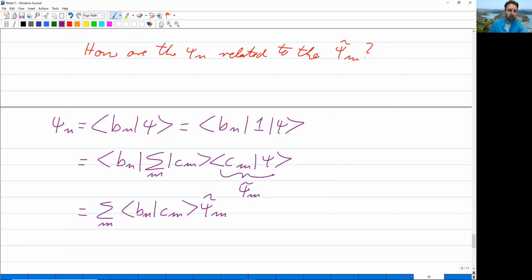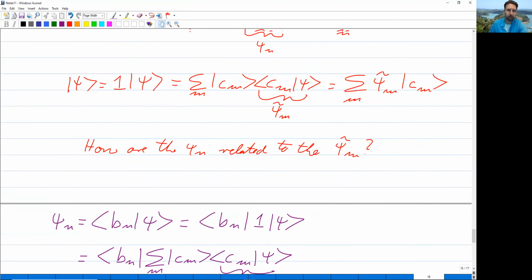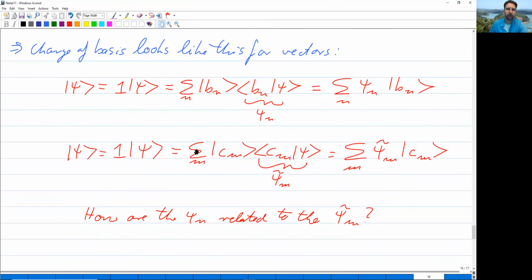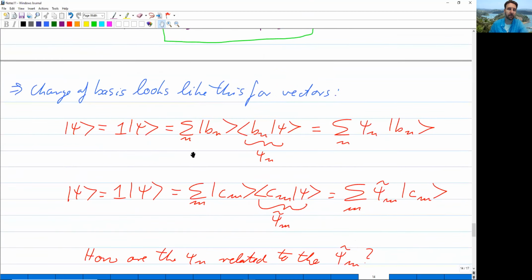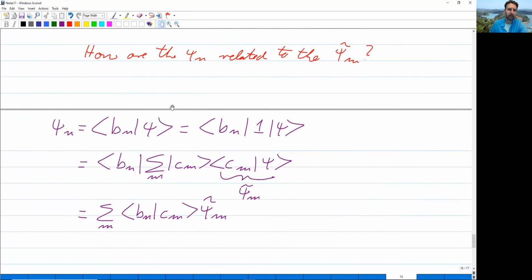But let's look at what we had above about the U matrix. We have here that the U matrix consists of the B, C overlaps, the inner products between the B's and the C's.